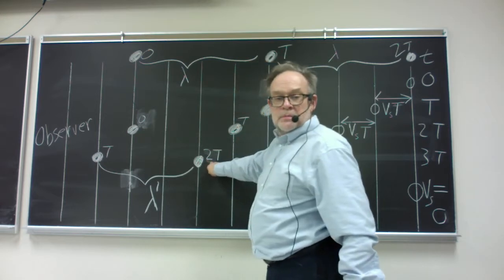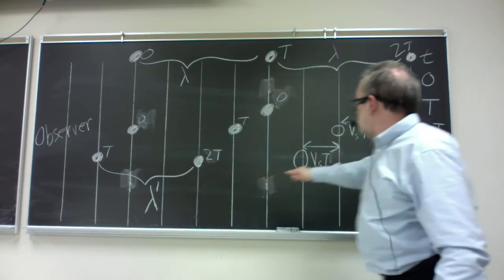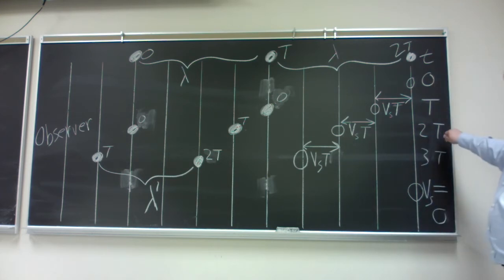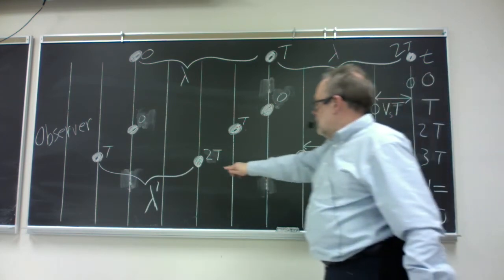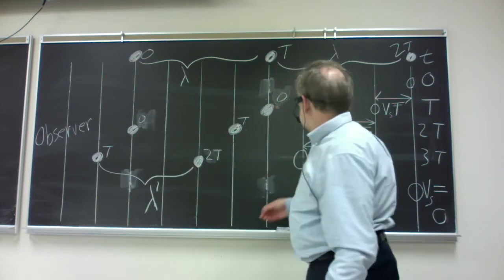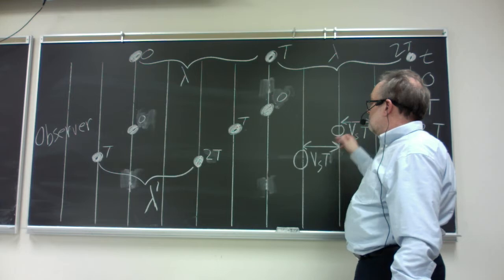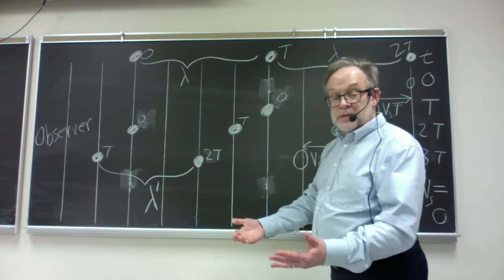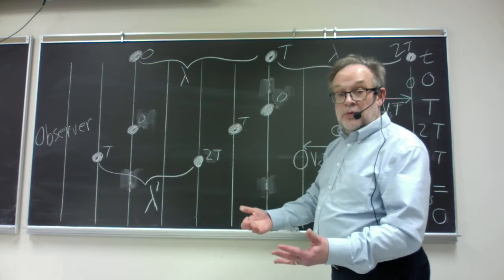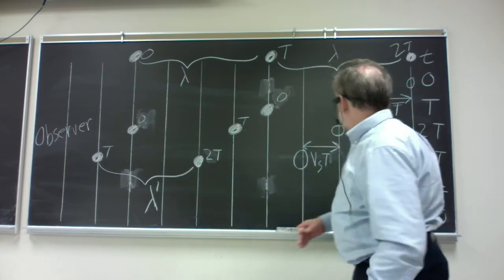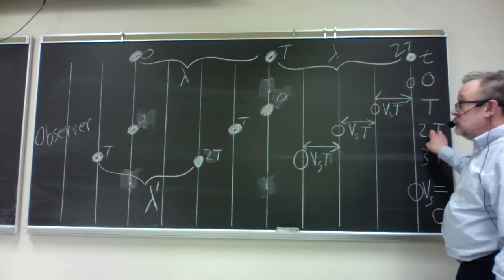This pulse, which I call 2t because it was emitted when the source was here at time 2t, has traveled 4 steps from the point where it was emitted back here. And meanwhile, every other pulse has traveled the same distance compared to where it was at 2t.